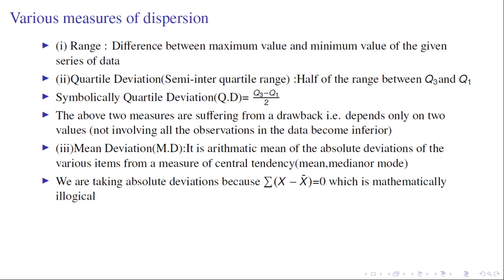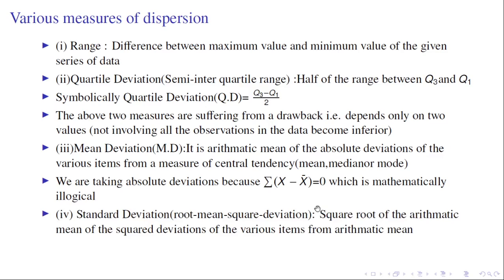To overcome the drawback, the last measure, standard deviation, which is an ideal measure of dispersion, is root mean square deviation. The definition of standard deviation is the square root of the arithmetic mean of the squared deviations of the various items from the arithmetic mean.